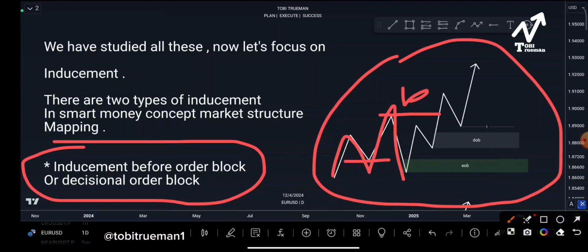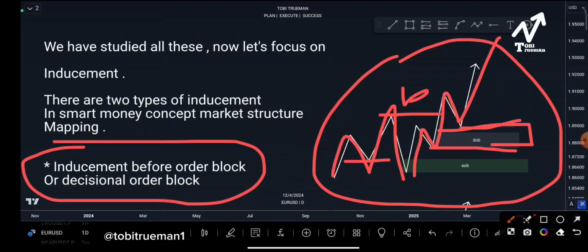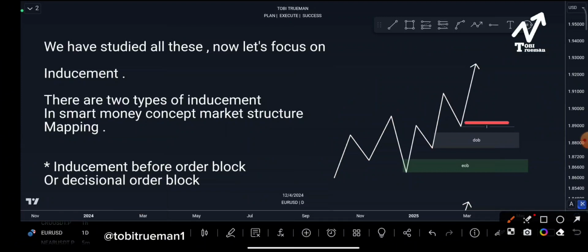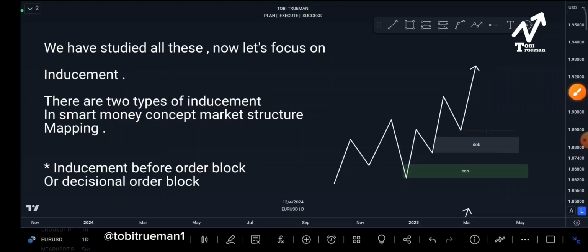After the break of structure, the market gives this type of structure. This is inducement. The first order block after inducement is our decision order block. If you have not known that, you can watch previous videos about it. Then the last one here is the extreme order block.